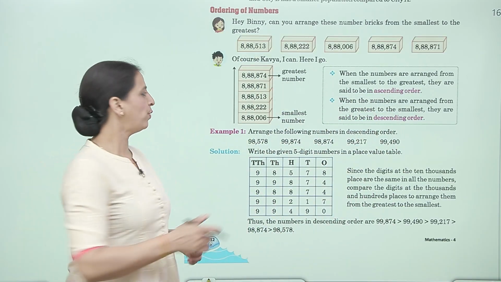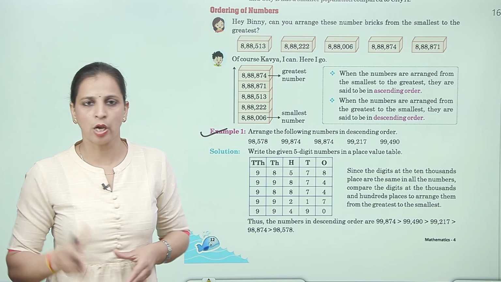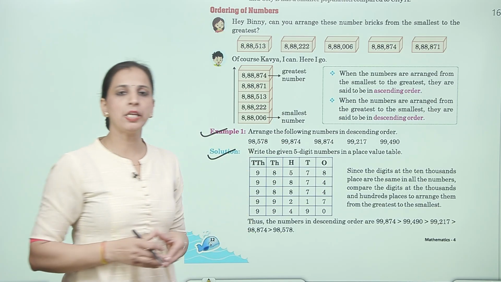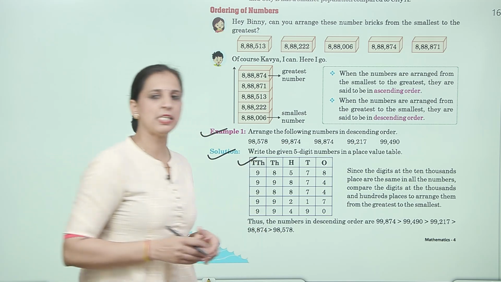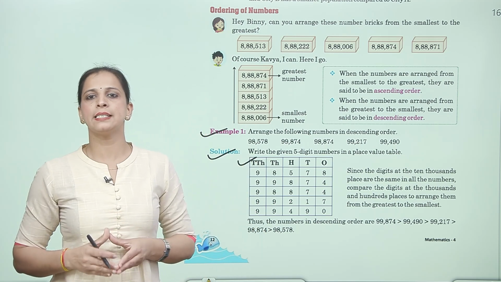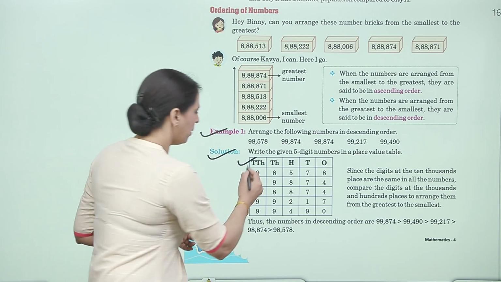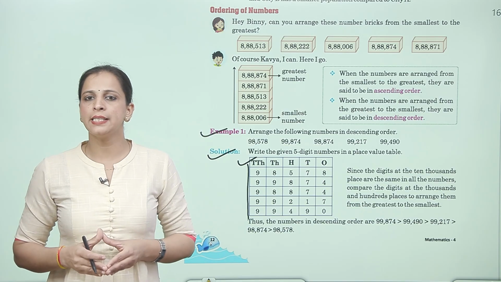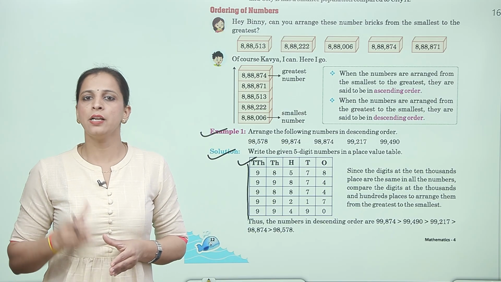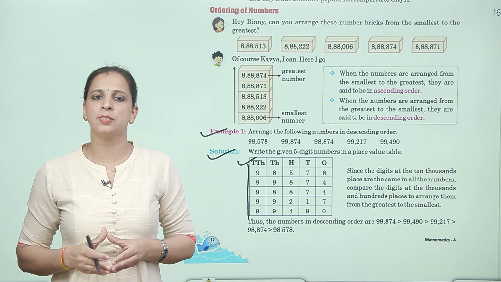Now, example 1. Arrange the following numbers in descending order. Now, solution. Write the given 5-digit numbers in a place value table. Since the digits at the 10,000s place are the same in all the numbers, that is 9, now compare the digits at the thousands and hundreds places to arrange them from the greatest to the smallest.